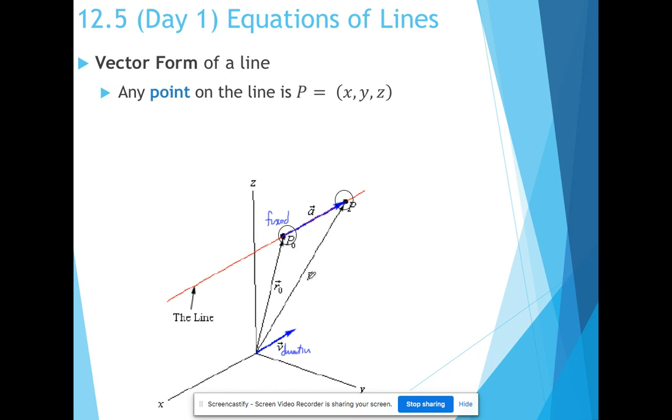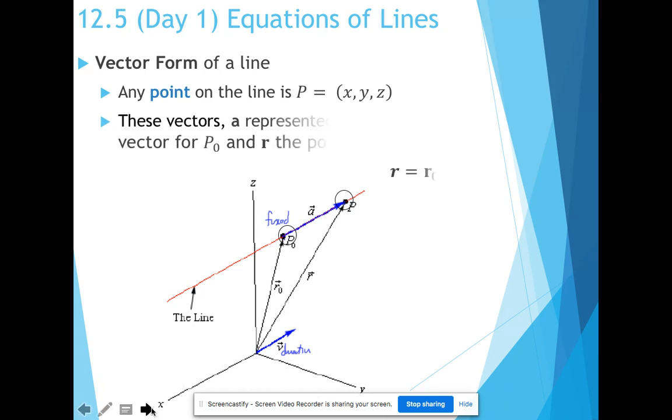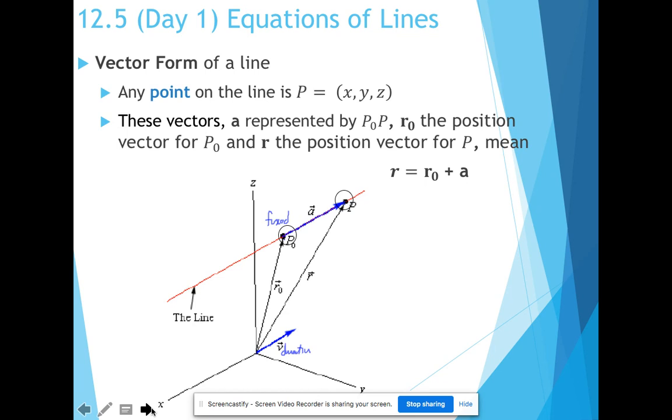Vector r is going to change because it goes to this point that roams along this line. R for roam around this line. But the direction of my vector is still this vector v. So notice that r, the vector to any point on my line, is the sum of the position vector and the direction. Can you see that?